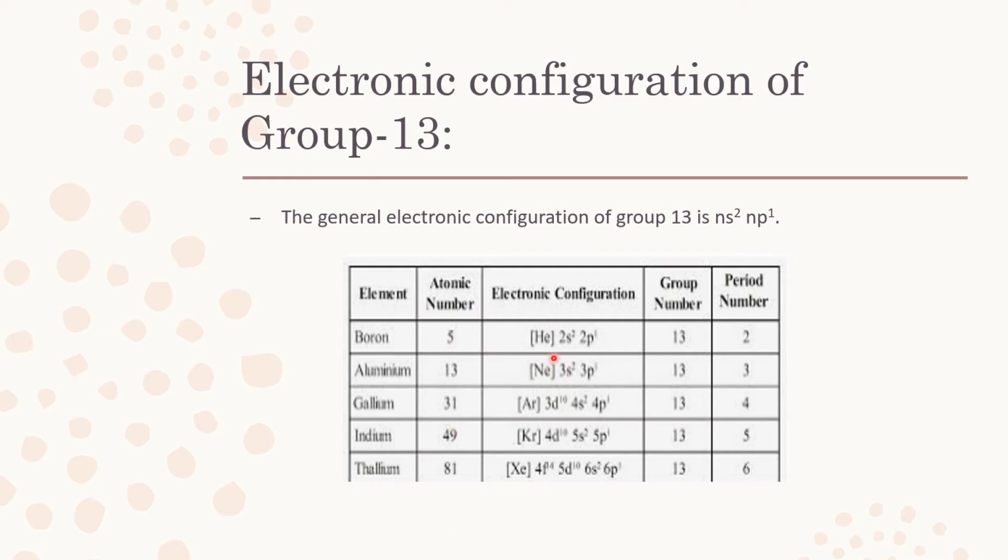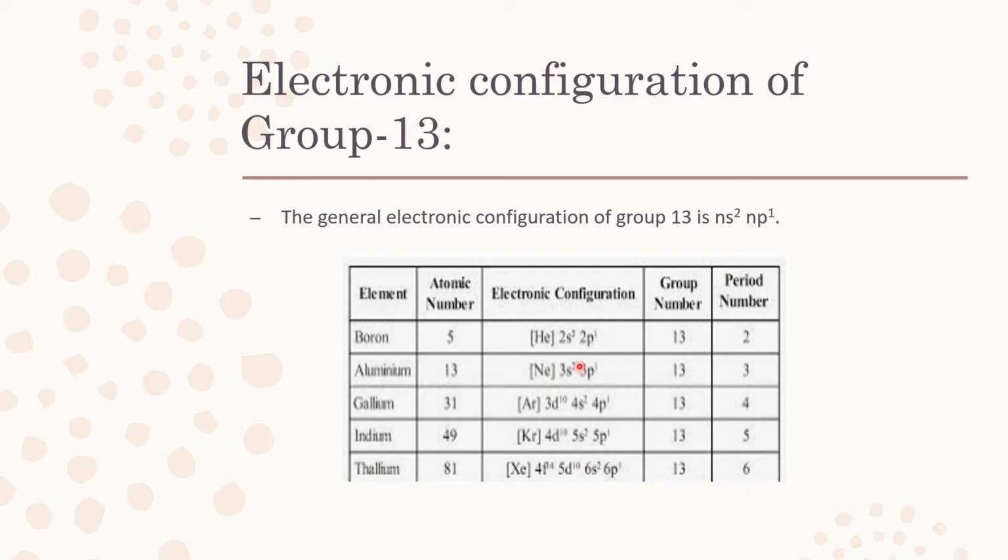The electronic configuration for boron is helium 2s2 2p1, for aluminum neon 3s2 3p1, for gallium argon 3d10 4s2 4p1, for indium krypton 4d10 5s2 5p1, and for thallium xenon 4f14 5d10 6s2 6p1.